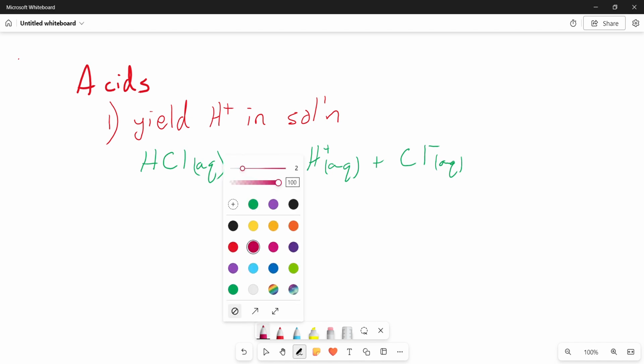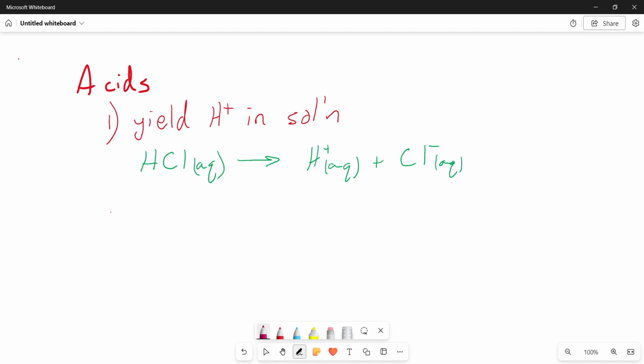And we can also have what we call the Bronsted-Lowry definition. And that is that acids donate a proton. Okay, so acids donate a proton.